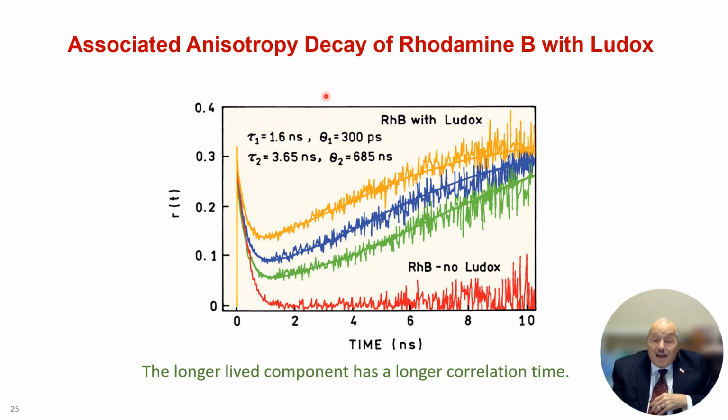So if you have two different rotating species, you can find a system where the anisotropy doesn't decay to zero, but rather starts to decay and goes back up. And this is because we had the longer lifetime, it had the slower correlation time, and that dominates as you get further out.